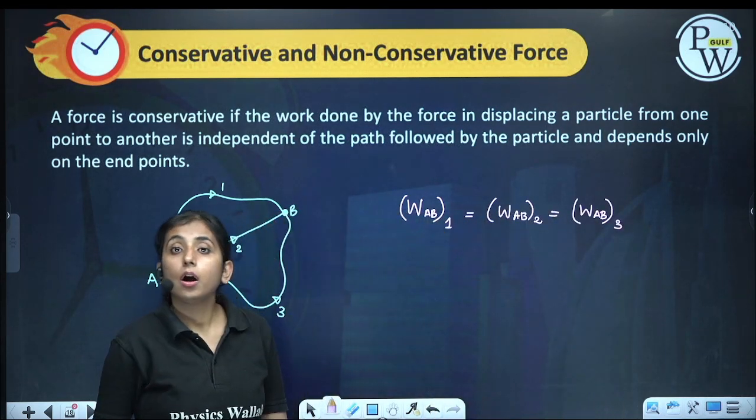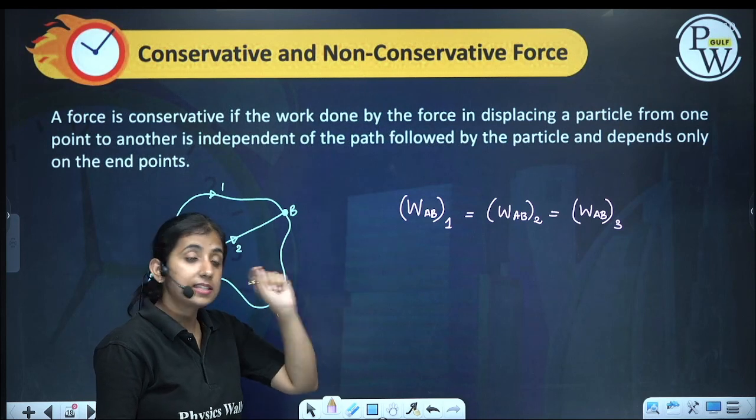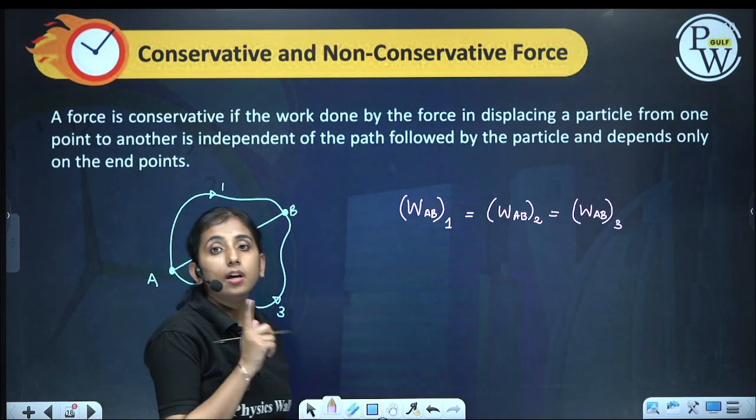If work done along each path is same, then F is a conservative force.